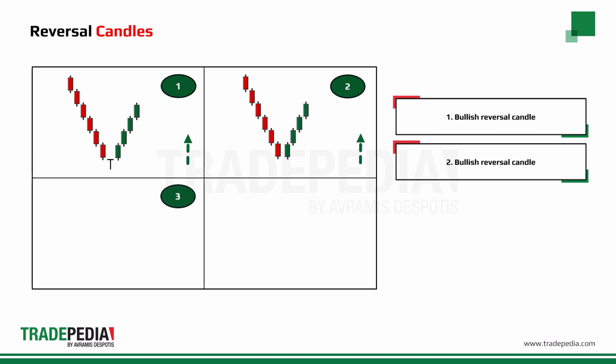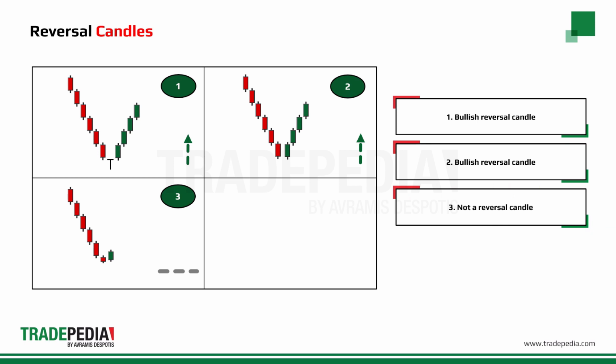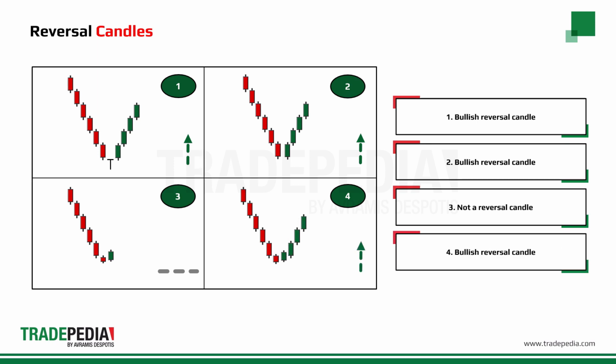In pattern number 3, however, the green candle does not possess a relatively big body, and therefore it cannot be considered a reversal candle. In pattern number 4, notice that the second bullish candle is acting as the reversal candle because it managed to close with a big bullish body relative to the other candle's body.